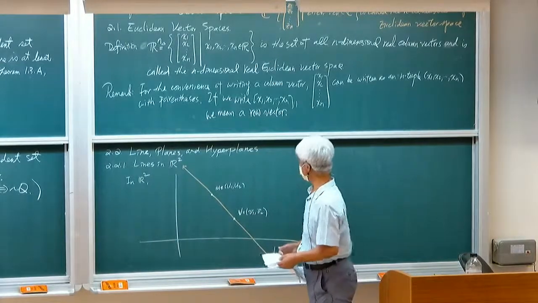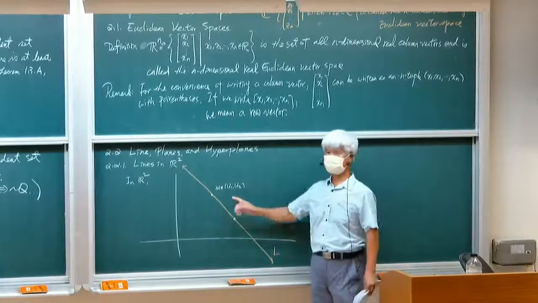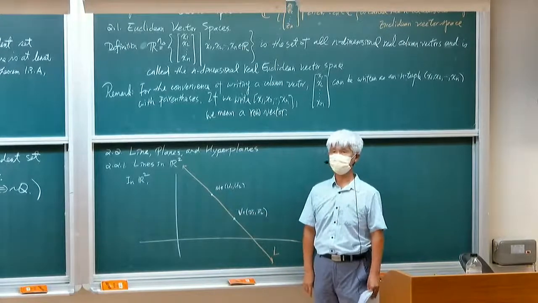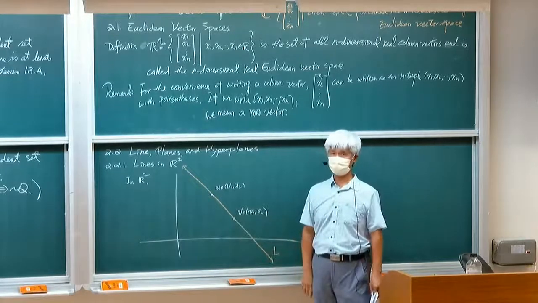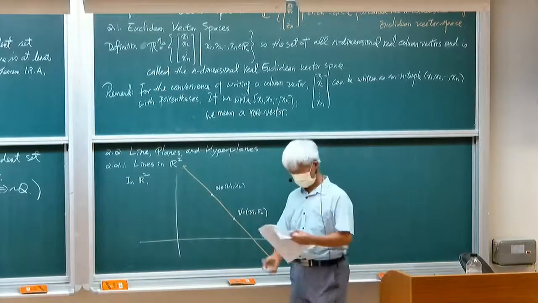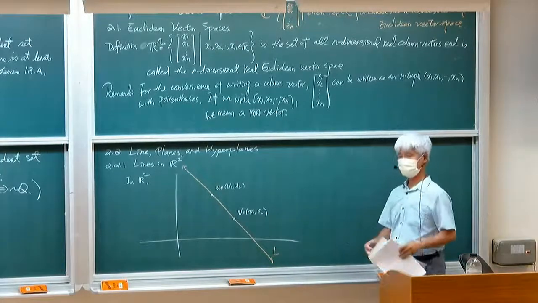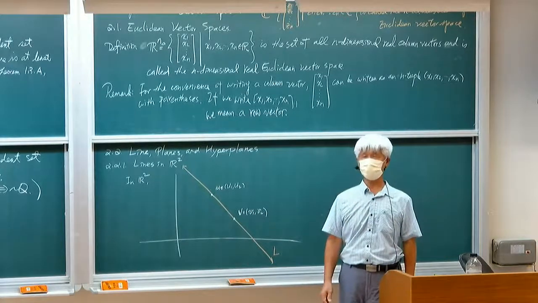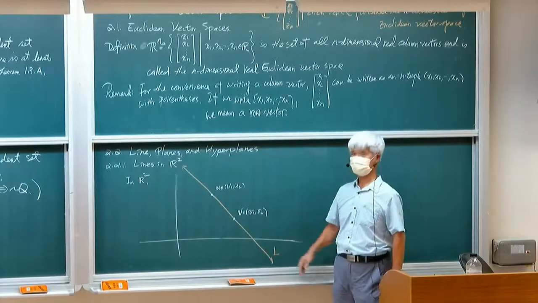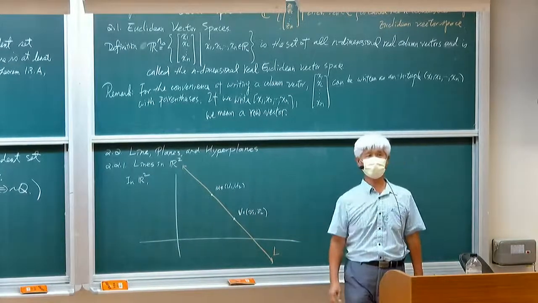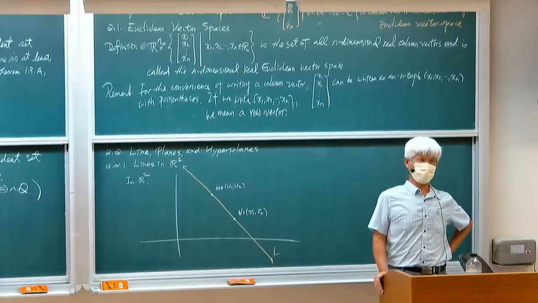And in junior high school, you learned how to describe this line. There are quite a few different ways to describe such a line. Because we are now in a linear algebra course, we try our best to describe a line in the language of linear algebra.